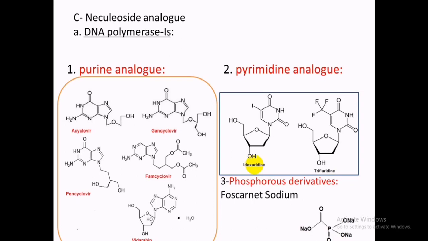These are divided into 3 types depending on the base ring: purine analogs, pyrimidine analogs, and phosphorus derivatives.